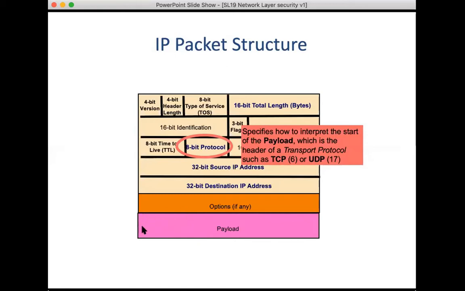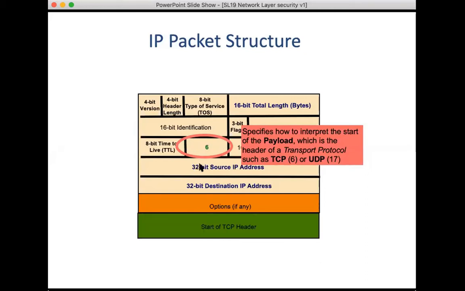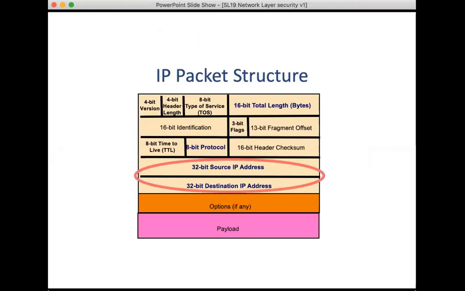Then whatever bits are inside will be interpreted differently than if it is UDP. So this field determines what kind of protocol is running inside it. For example, value 6 is for TCP and 17 is for UDP.